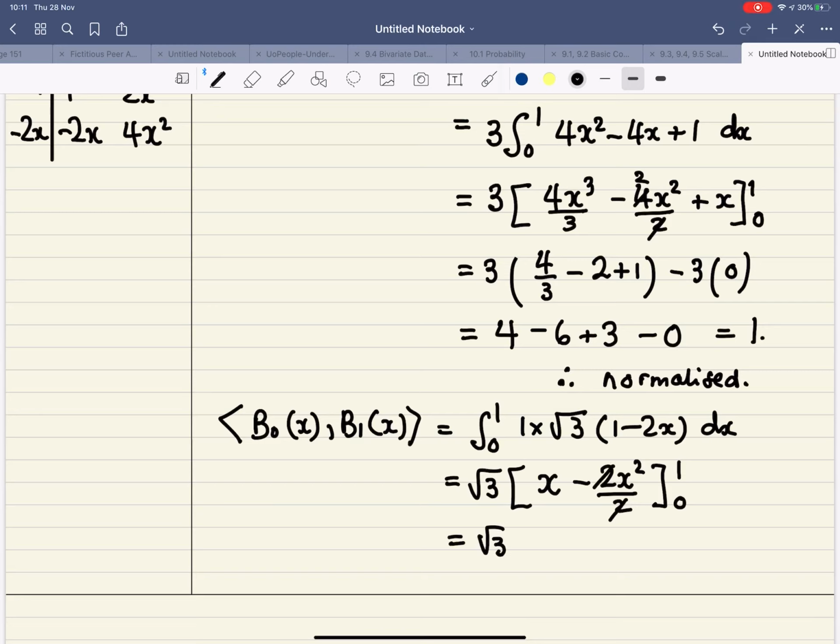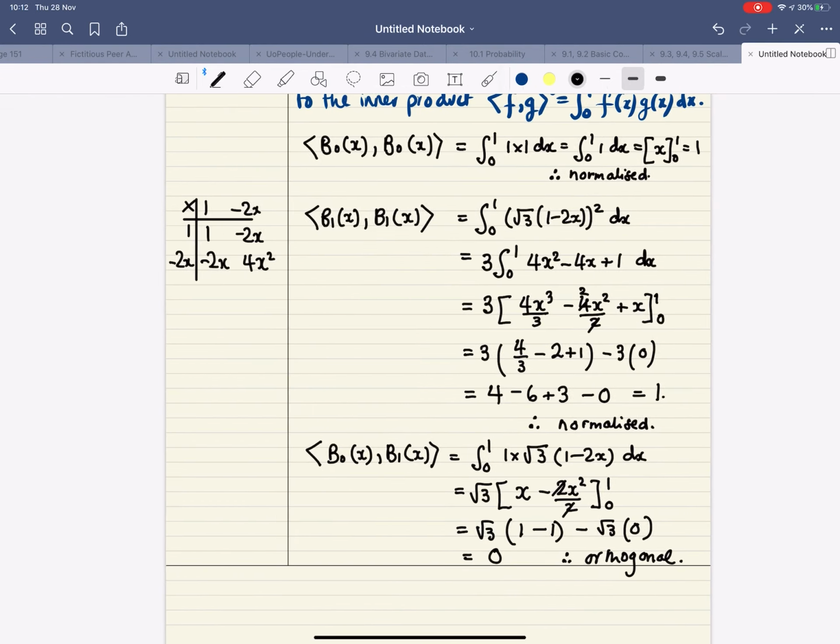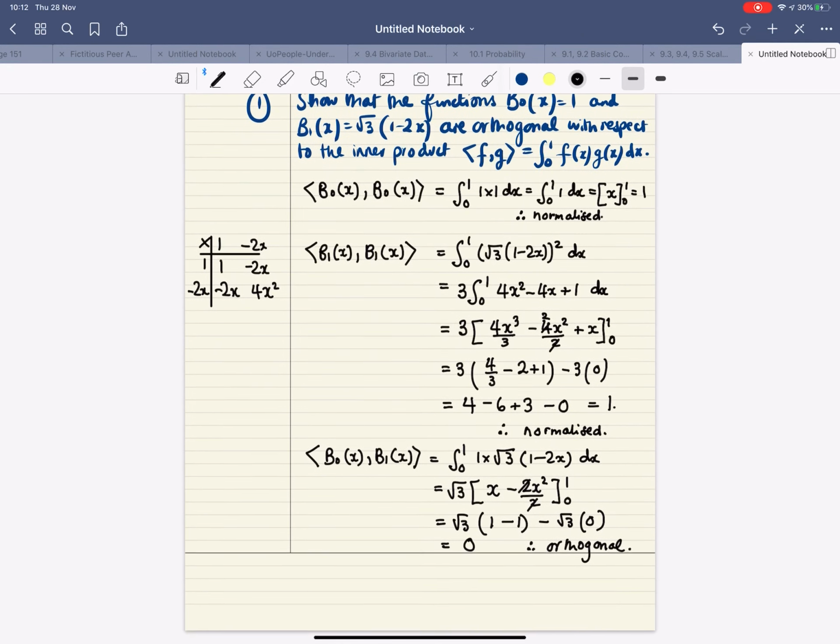So this is root 3 times 1 minus 1, then minus root 3 times 0, and when we put 0 in, that's 0 as well. So all of that is 0, and you can say therefore, orthogonal. Check my spelling there, yes, good. Okay, so that's question 1.